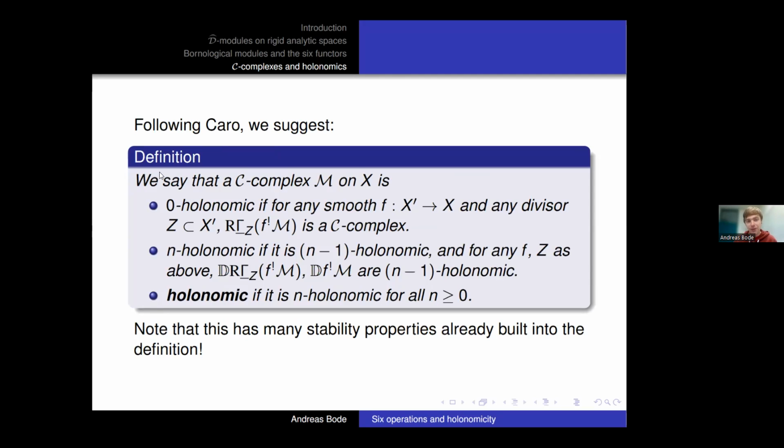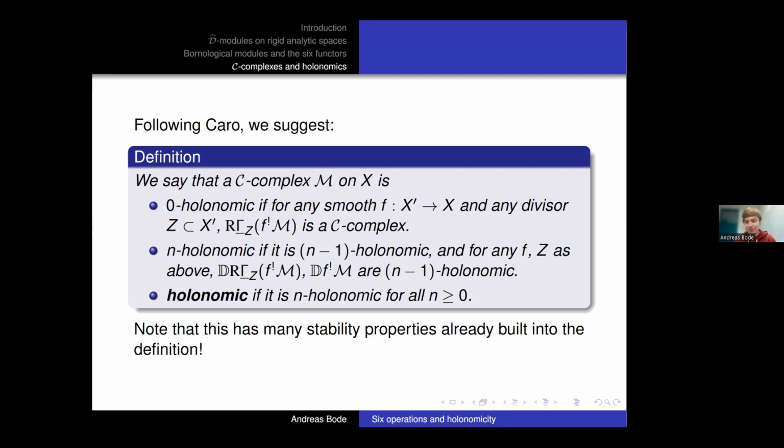Okay, so an inductive way of writing this down is it's a C-complex which stays a C-complex under inverse image and local cohomology. And then it's n-holonomic if it has this property in n-1 steps, plus it stays n-1 holonomic if all of these duals remain n-1 holonomic.